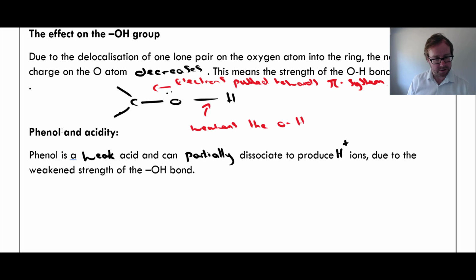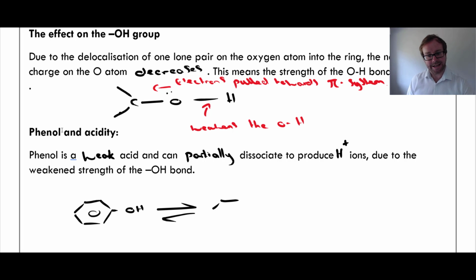Okay, and we could show that as I have my phenol, and if it's behaving as an acid, it must donate a H+. Because it's a weak acid, it's only going to partially dissociate to produce this.